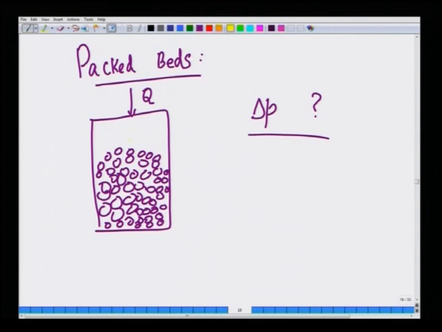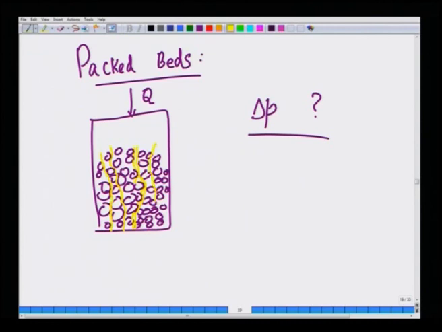Now, if I were to draw a cartoon of the interstitial spaces, it may look like this. And you can draw several such contours of interstitial spaces through which fluid is going to flow. So, like this and so on.